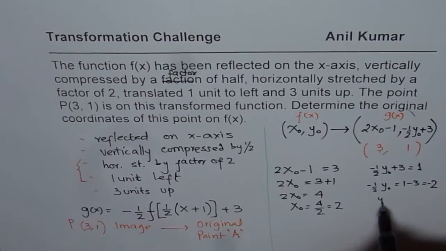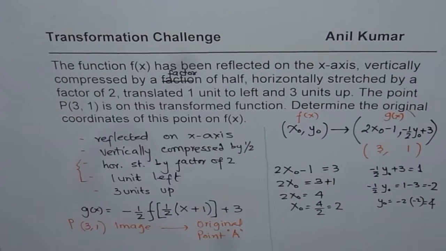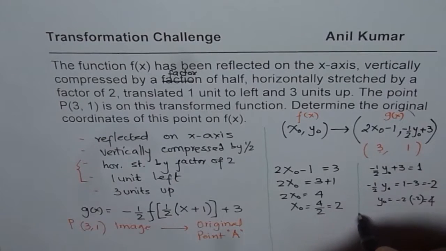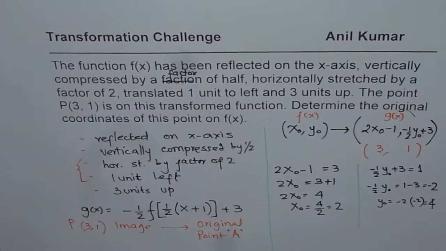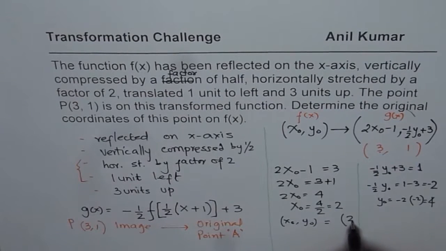Now y0 equals minus 2 multiplied by minus 2, so we get 4. That is how you can find the original point. So now we can write down the answer: (x0, y0), the original point, is equal to (2, 4).